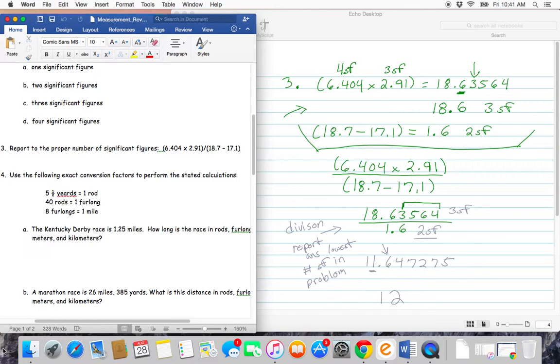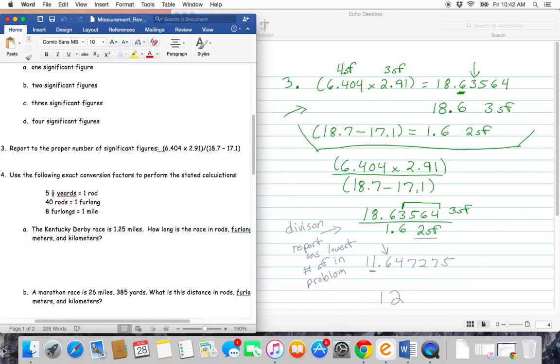What you do not have to do is consider them in the significance. Again, you cannot leave them out, but you do not consider them in significance, which means that, technically speaking, this number, although it has 7 digits in it, only 3 of them are significant. And that would be the 1, the 8, and the 6. And in the value on the bottom, you still have 2 significant figures.